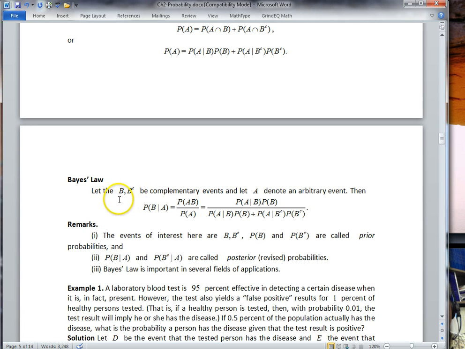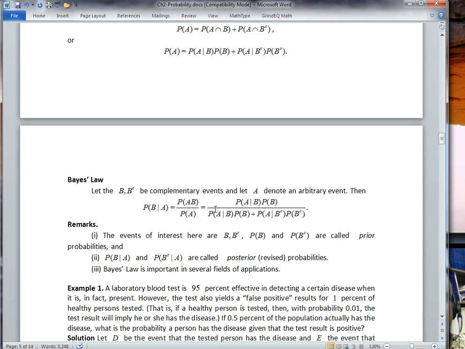So if I have events B and B complement, and A is an arbitrary event like the graph showed you, then the probability of B given A, now things will be reversed, is equal to this formula.